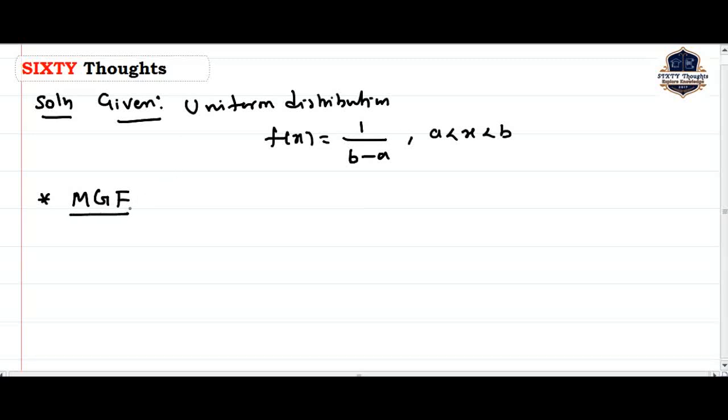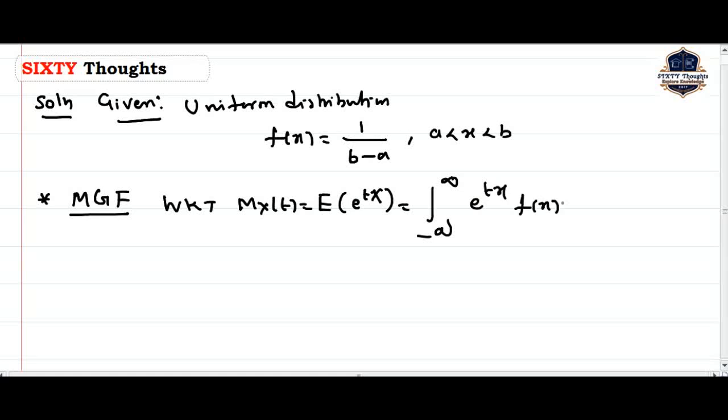Here this distribution is a continuous distribution. So first we write the moment generating function for a continuous random variable. Mx of t is equal to the expected value of e power t capital X, that is equal to the integral from minus infinity to plus infinity of e power t x into f of x into dx.